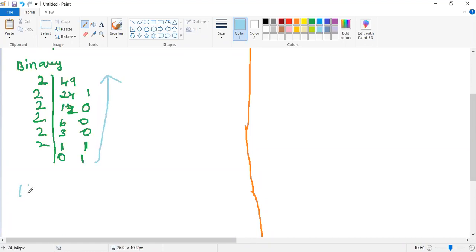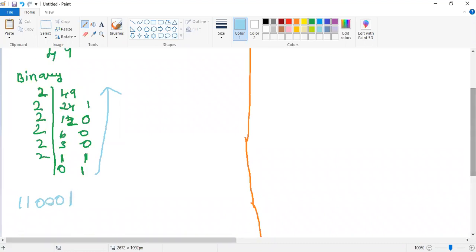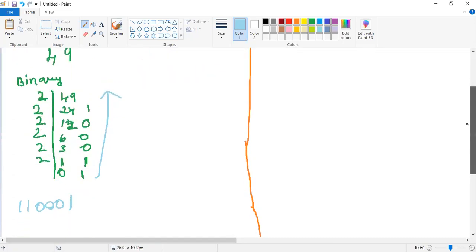So it will be 1 1 0 0 0 1. This is 49 in your binary.